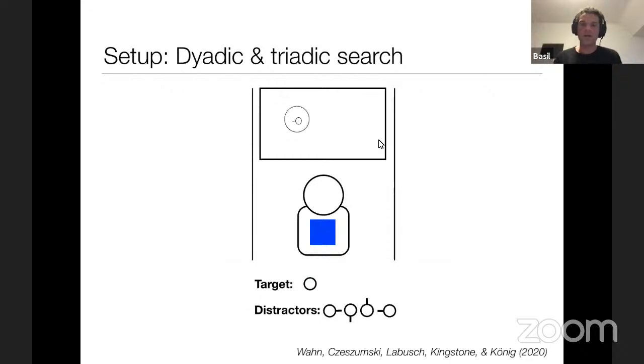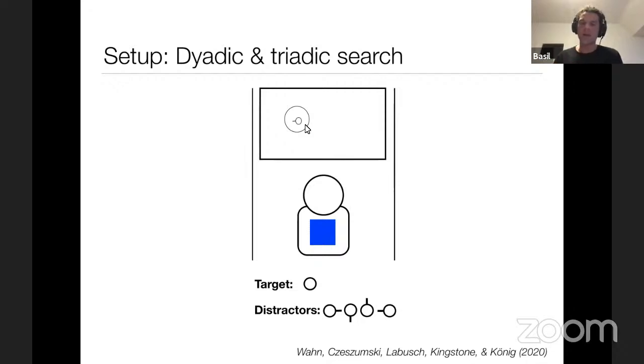So here what you see is the perspective from one participant, and what this participant would see while performing a search task. What we changed in relation to earlier studies was the following. We provided participants with a spotlight where they could only see part of the screen temporarily.